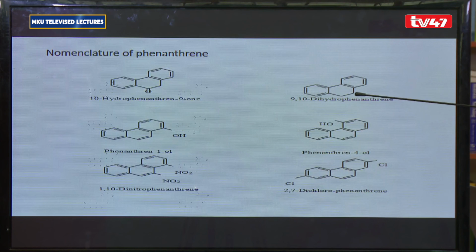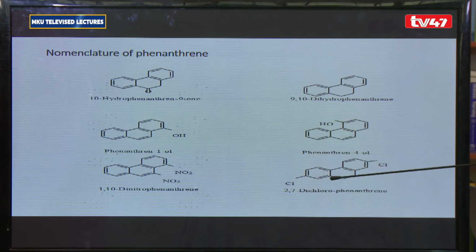Again, here we should have had a double bond. So meaning that here we have 2 hydrogen additions in position 9 and 10. So it becomes 9,10-dihydrophenanthrene. So if, for example, we look at this one, we can look at numbering as starting from 1, 2, 3, 4, then 5, is it?